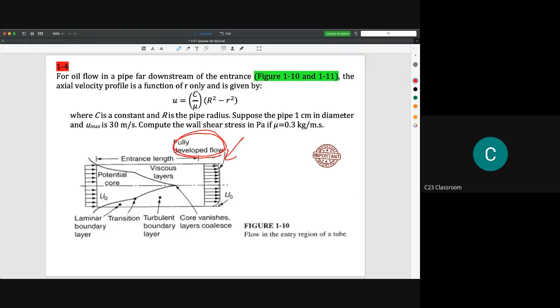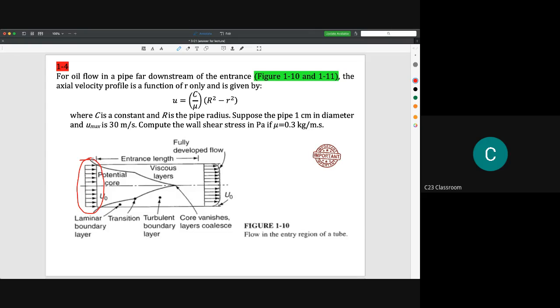Why? Because at the entrance length, let's say we have a free stream velocity. Because it is not in contact with the surface, we assume that the velocity is rectangular in shape like this, meaning the distribution is equal at all points.